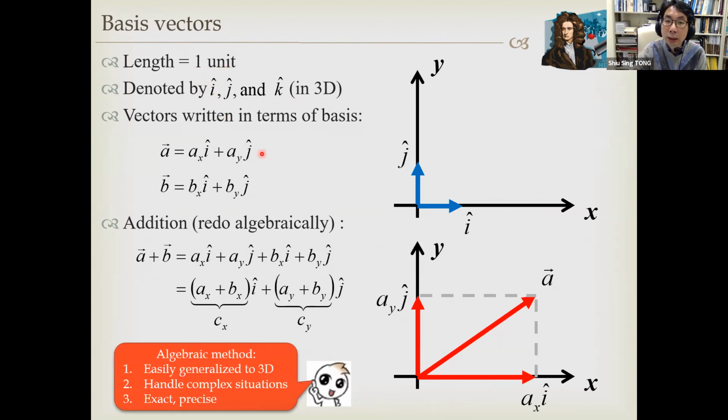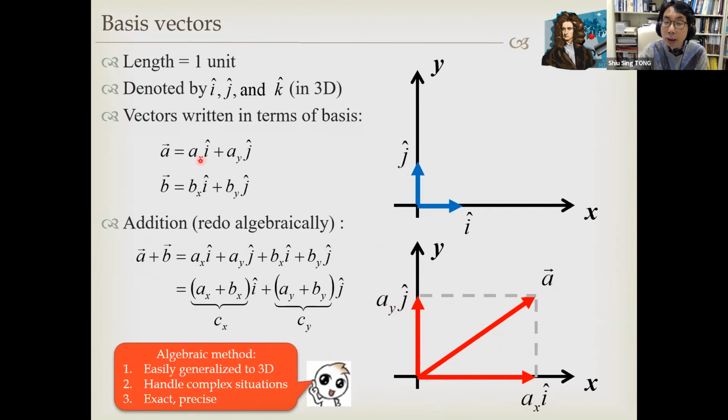Okay. Now, in terms of these basis vectors, I can write the original vector in terms of the components. This is the original vector A. And of course, if I adhere the basis vector i to the component Ax, I have this horizontal vector. If I adhere the unit vector j with the component Ay, I have this vector, right? And obviously, Ax i plus Ay j gives you the original vector.